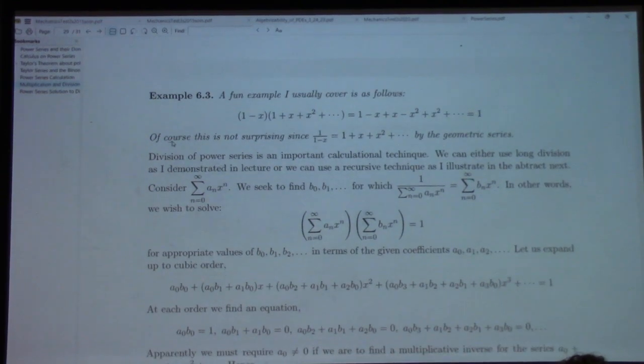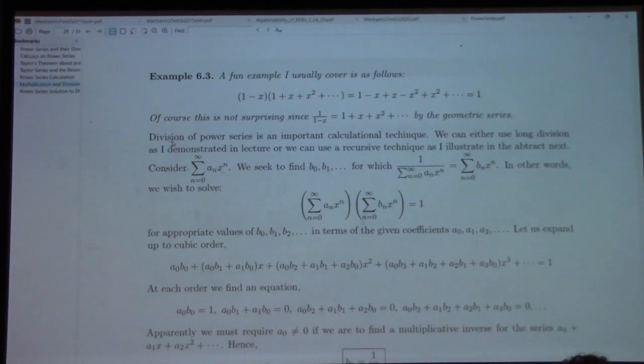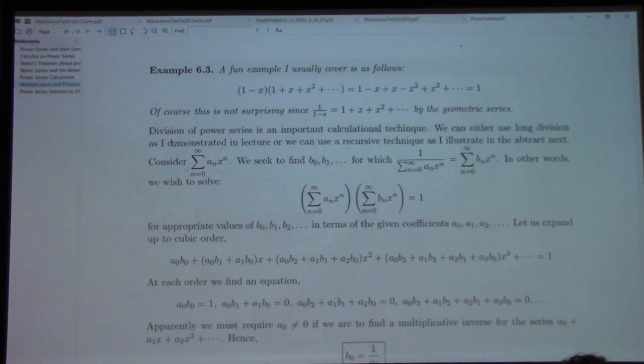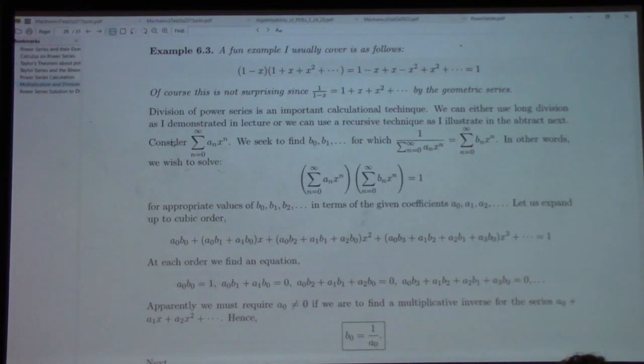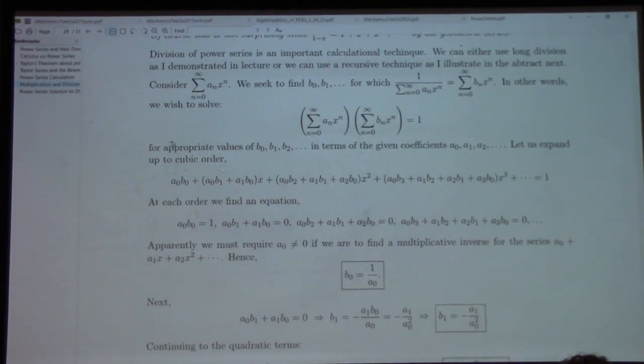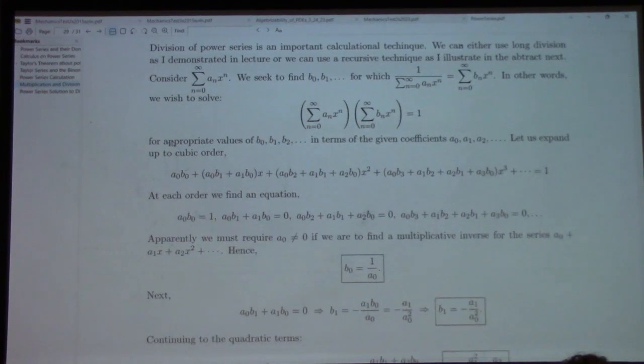That silly math prank of 1 minus x times 1 plus x squared works out to 1, right? That one, I did that one. But then I did something else a little bit different, which I don't want to write on the board, but I just want to tell you about. And then what I want to do is show you this way of thinking. This is a good way of thinking, and so I want you to know about it.